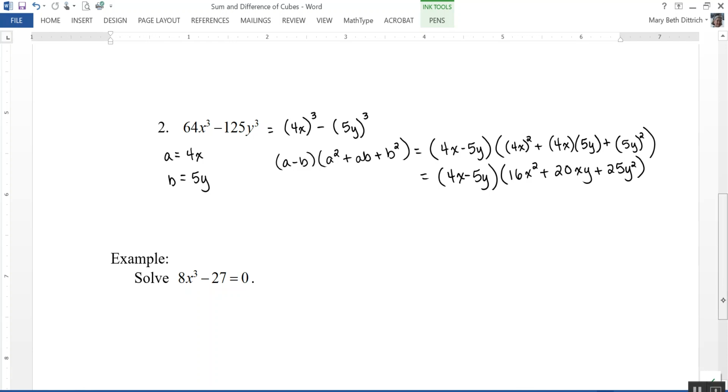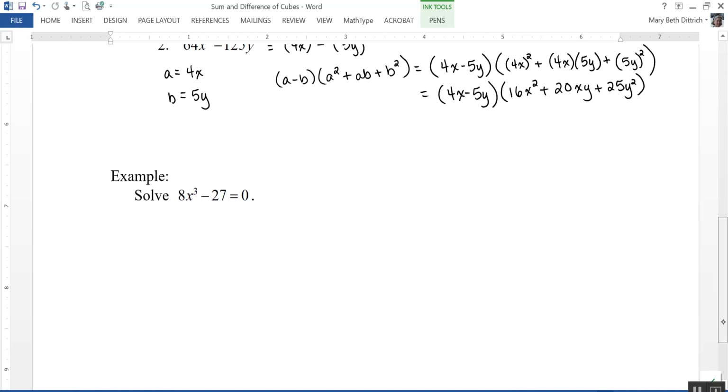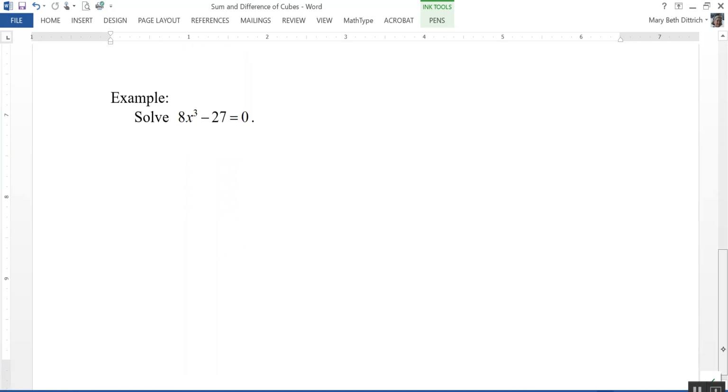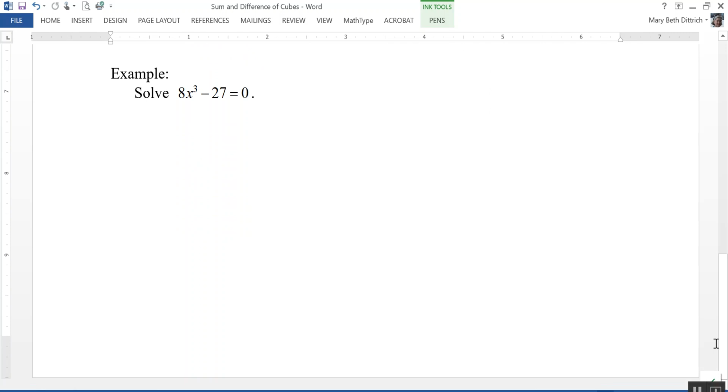And let's take this one step further and use, in this case, a difference of cubes to solve the equation 8x cubed minus 27 equals 0. That's the same as saying the quantity 2x to the third power minus 3 to the third power equals 0. So a is equal to 2x, and b is equal to 3.